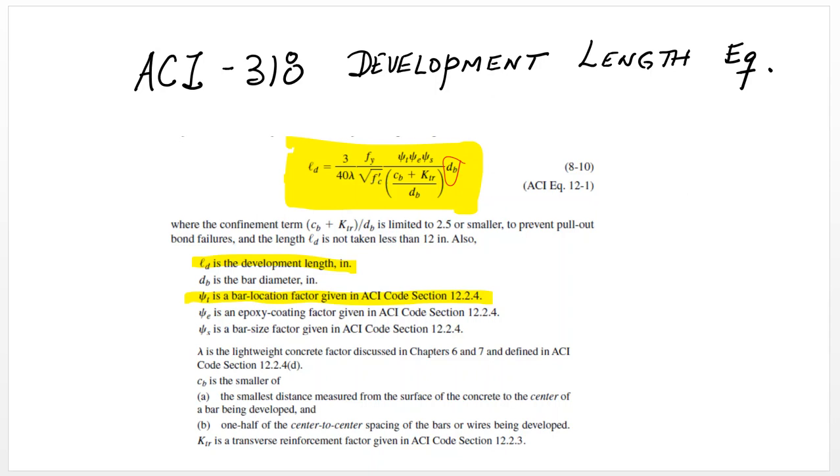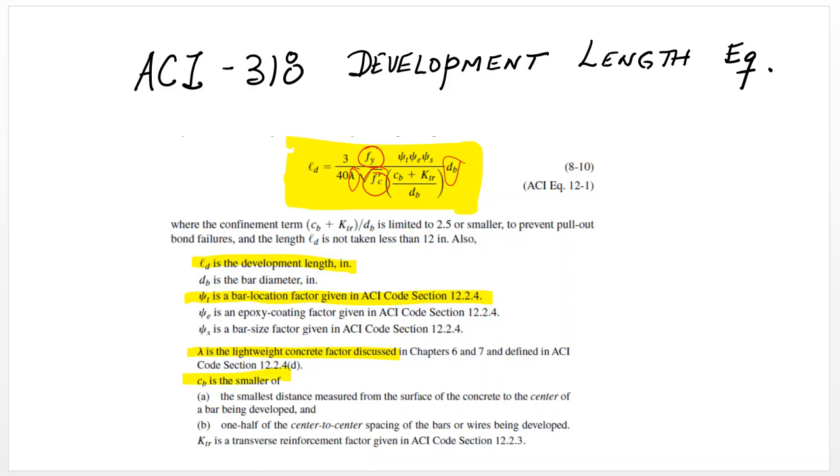The type of concrete plays a role as well. So if we're talking about lightweight concrete, there is a factor included there to account for this. Obviously, it depends on the yield stress of the steel and the compressive strength of the concrete. It also depends on the location of the bar.